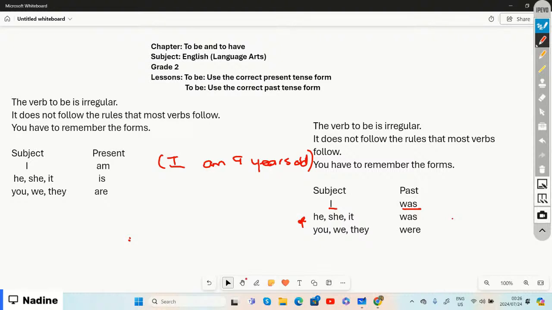And if we use the words like you, we, and they, so which means that these two things that we say on the board, right? These are irregular verbs. And with irregular verbs, you're just going to have to remember the forms, since they don't follow the rules that most verbs follow.